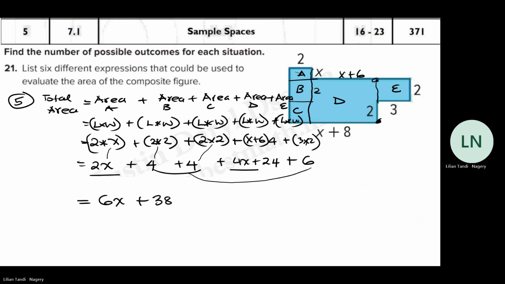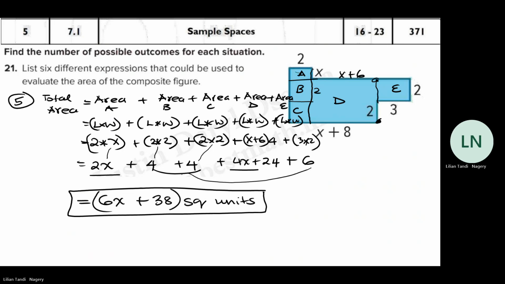Yes, so I'm correct. Oh, no, no, no. 4 plus 4 is 8. 8 plus 6 is 14, not 16. 14, and then 14 plus 24 is 38. Then I write square units. Okay?